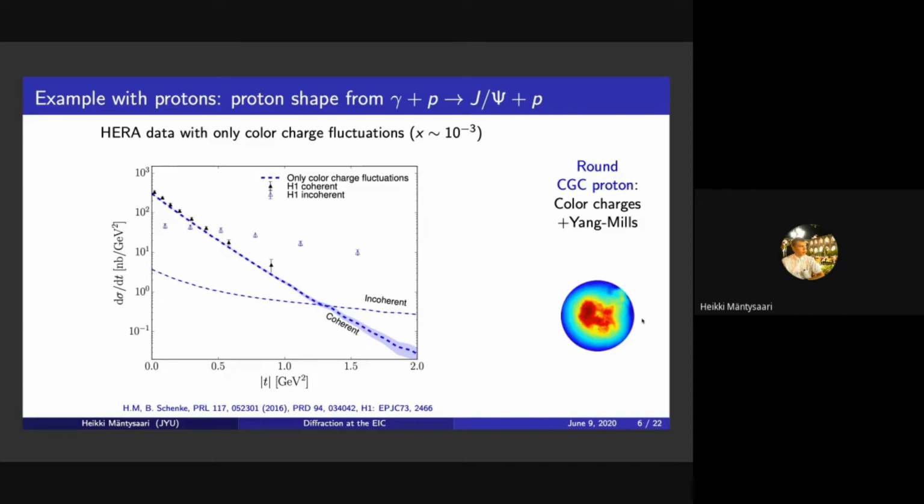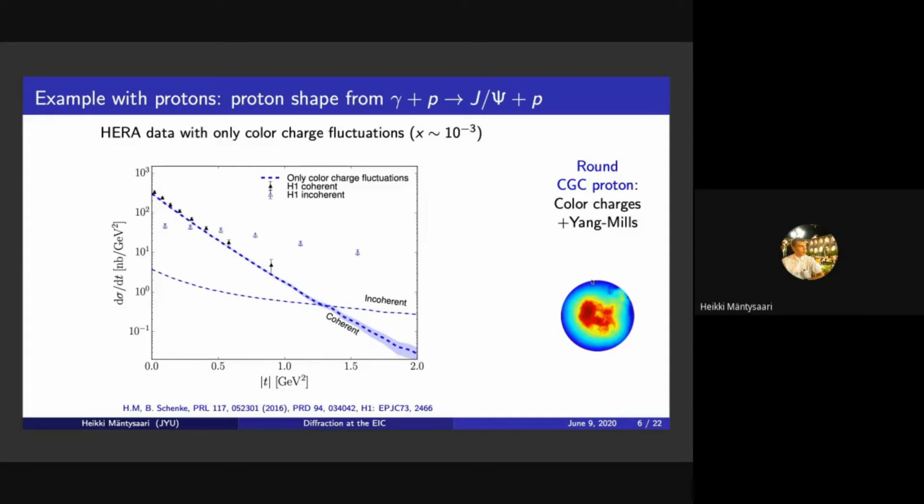Now, on the left, what I'm showing is some HERA data from H1. The black symbols are the coherent cross-section, and as I mentioned, this cross-section is sensitive to the average interaction with the target. And this blue dashed line here is the calculated coherent cross-section using protons that look something like this.